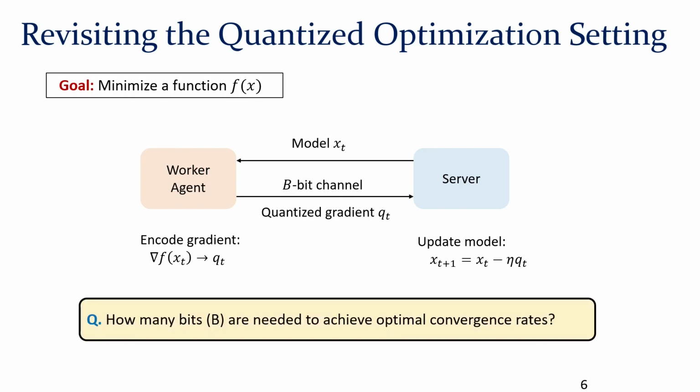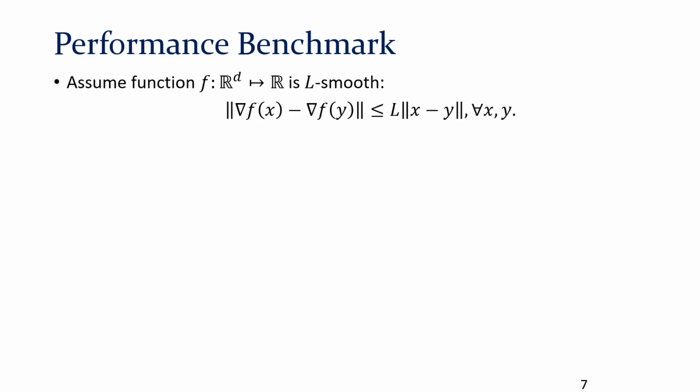Okay. And the question that we want to answer here is how many bits do we need to preserve convergence rates? Okay, but to make this question meaningful, I need to have a function class in mind. And for our purposes, the function class that's going to suffice is the class of smooth and strongly convex functions. Okay, so let's recall that a function is said to be L smooth if the gradient map is L Lipschitz.